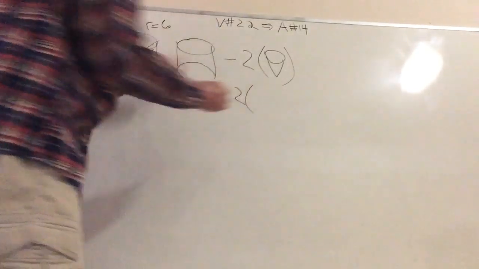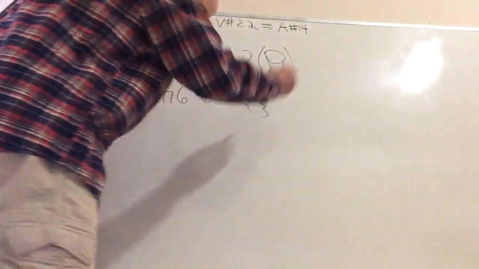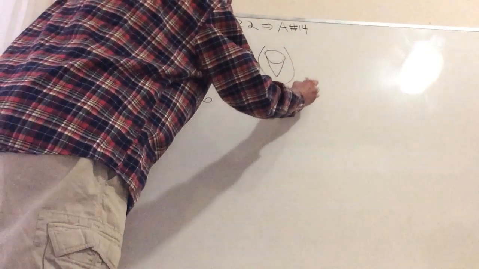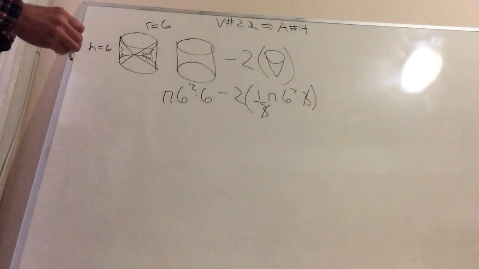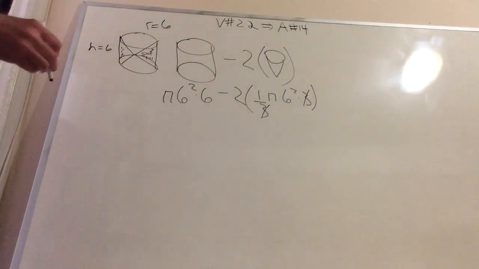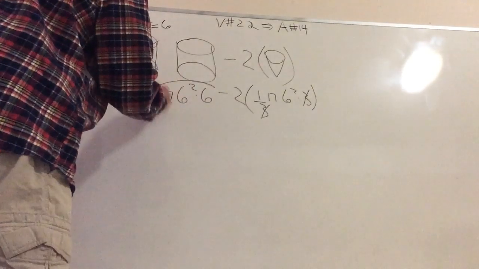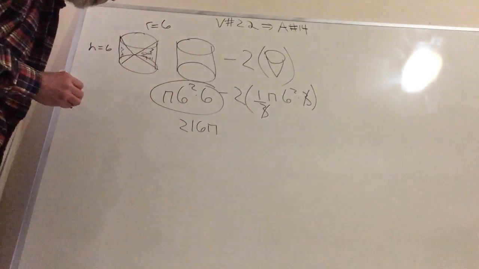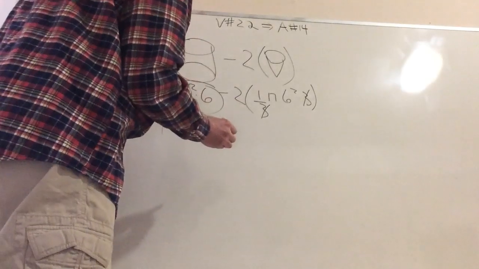Minus 2, of course the 2 stays, we're just going to double the data, and we get 1/3 pi 6 squared times 3, and I immediately don't waste any time to take care of that to make the math easier. So then when I put everything together, 6 cubed is 216, so that's 216 pi, and I'm subtracting whatever this comes out to be.